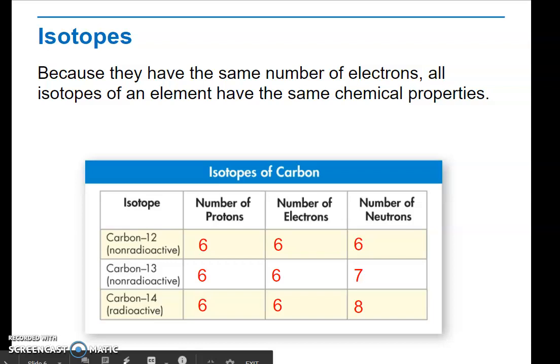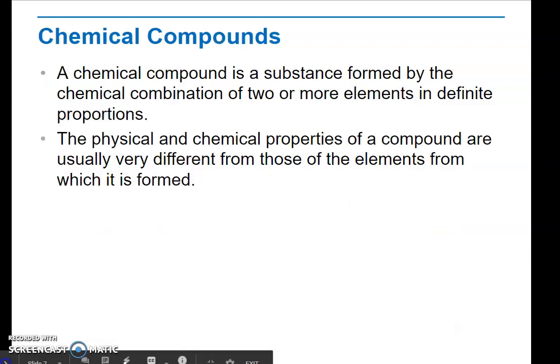Now, the radiation, of course, can be dangerous, but you will find later on that radioactive isotopes have other uses, and that scientists use them for other things. Here we have chemical compounds, and of course you know what a chemical compound is, and you also know that they are usually shown using a chemical formula.